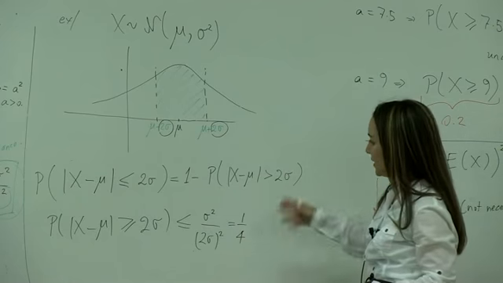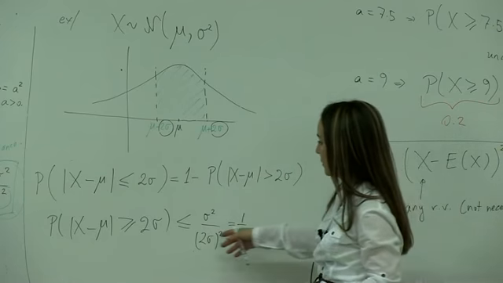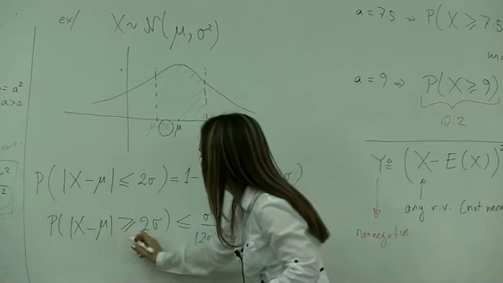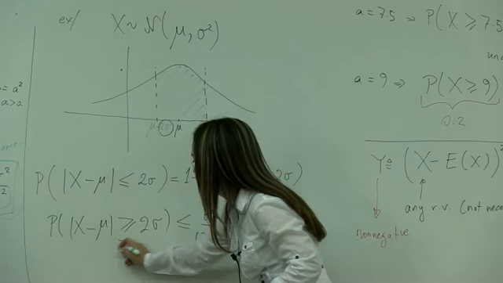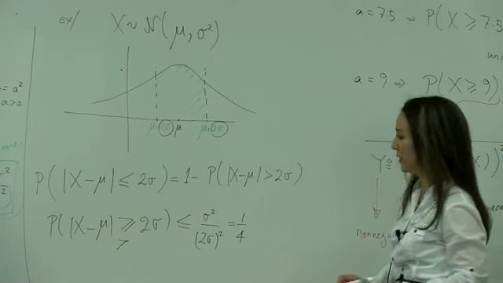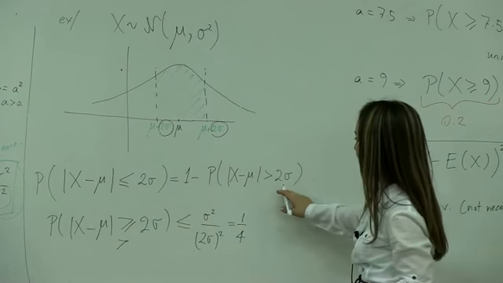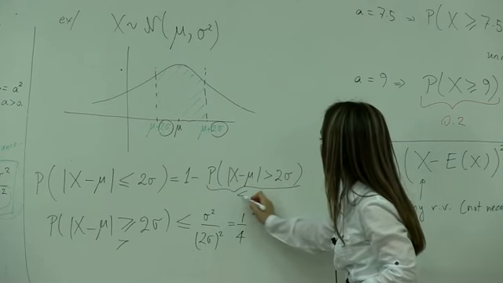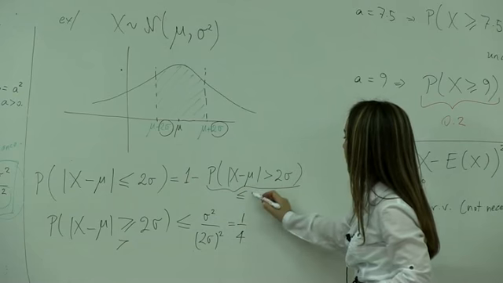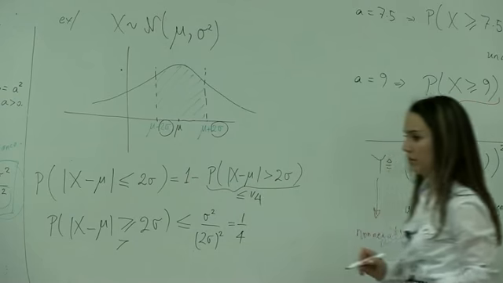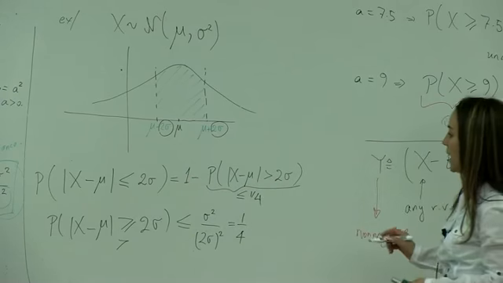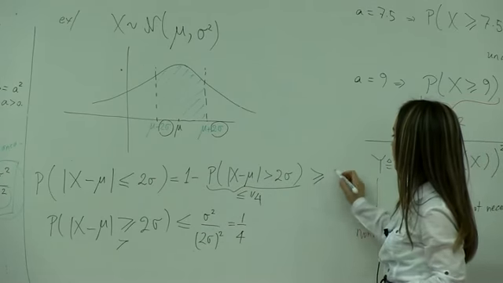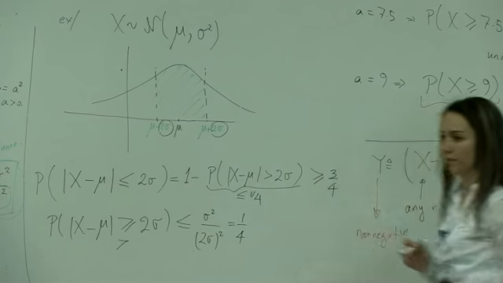By the continuity of x, this is also true if we replace this by a strict bigger than. So this is less than or equal to 1/4, which means that 1 minus this is bigger than or equal to 3/4.